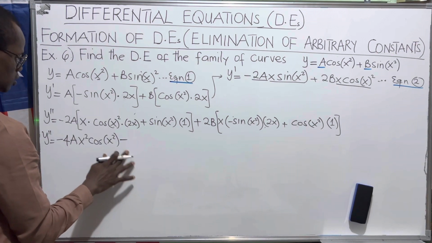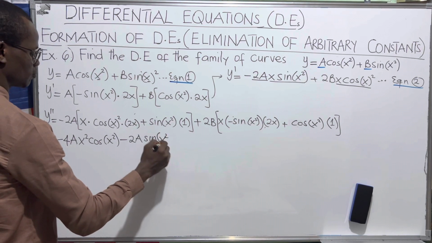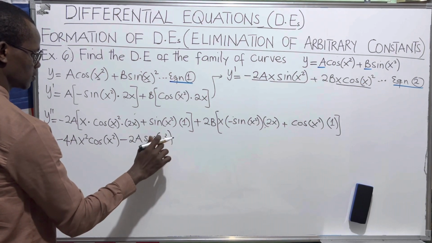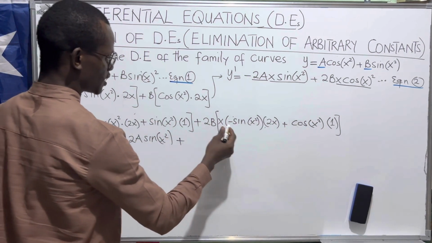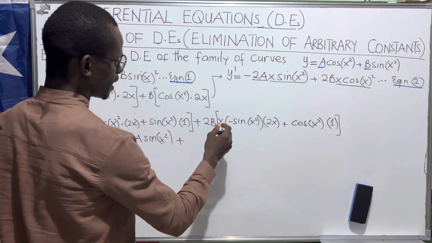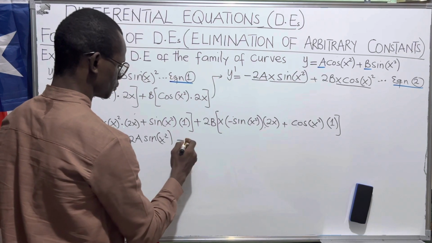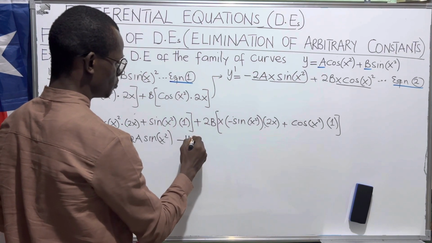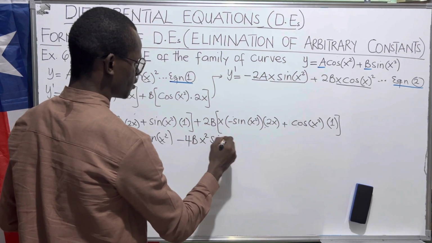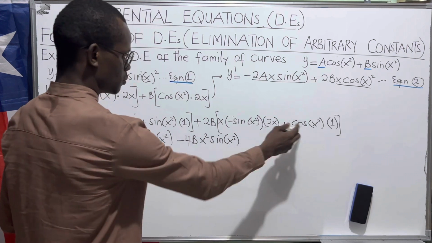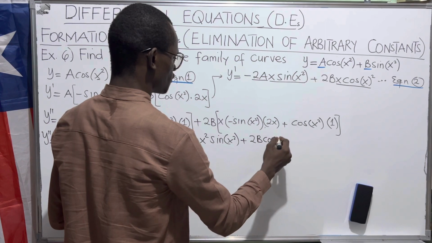So it's minus 2a sine of x squared. Next, we have 2 times 2b times x times 2x times this negative, so it's negative. 2 times 2 is 4b, x times x is x squared, and then sine of x squared. Moving to the last one, 2b cos of x squared.